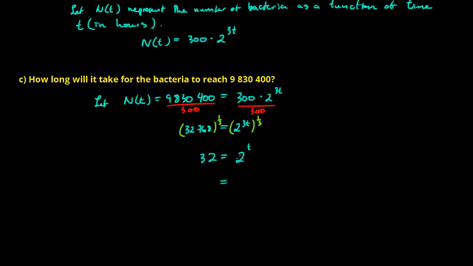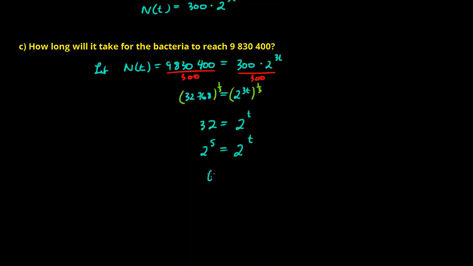Now, here we've got 2 to the power of t is equal to 32. I can rewrite 32 with a base of 2, because it's just 2 to the power of 5. So I have 2 to the power of 5 is equal to 2 to the power of t. And here, in order for the left side to be equal to the right side, t has to be equal to 5.